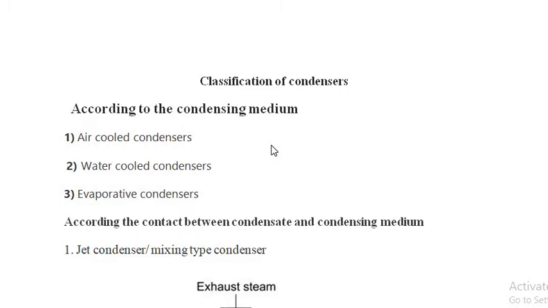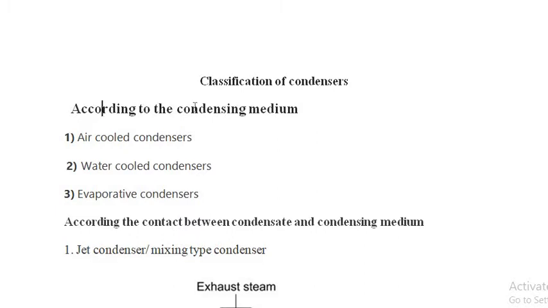A condenser is a device which rejects heat of the liquid, that is the refrigerant, and does not change the temperature, only rejects heat at constant temperature. In our syllabus, we have to study the classification of condensers.